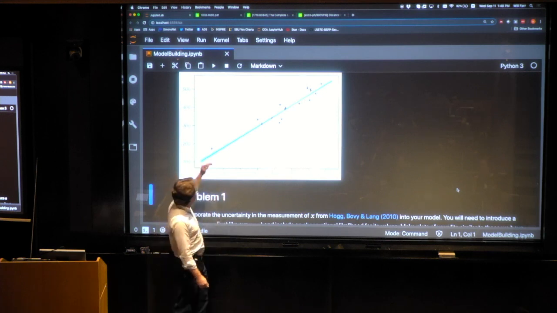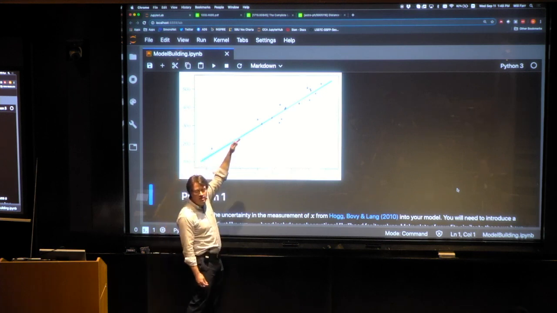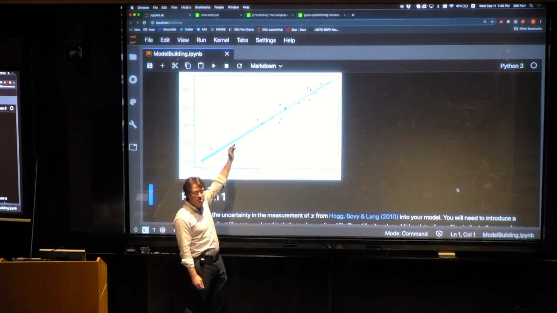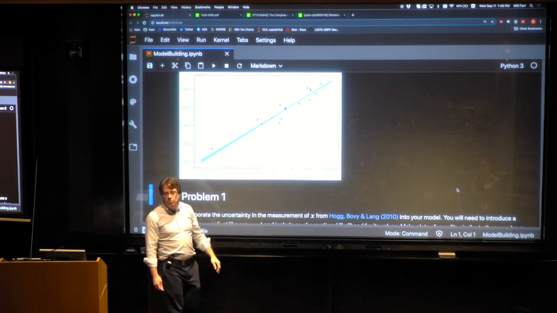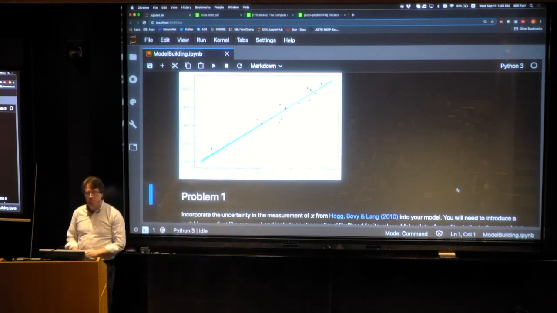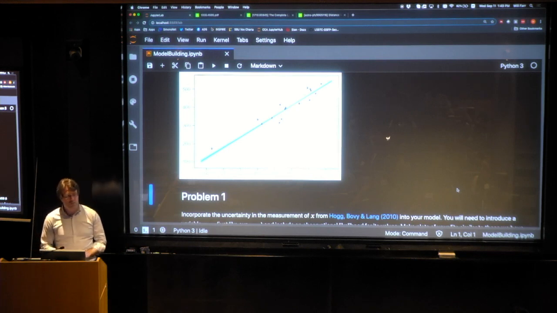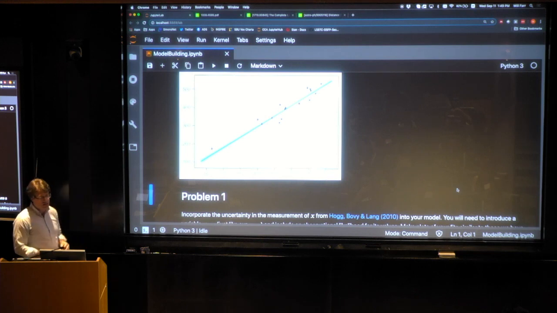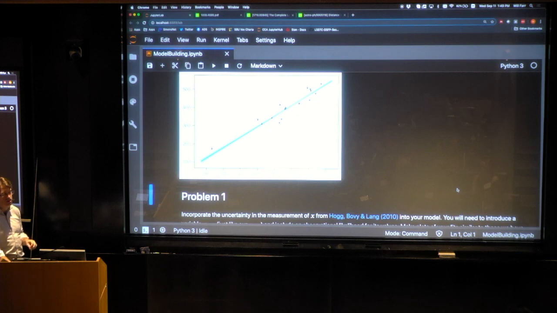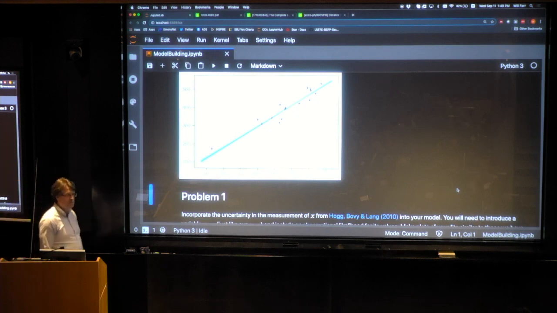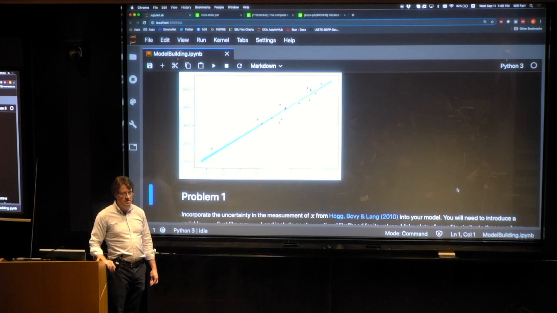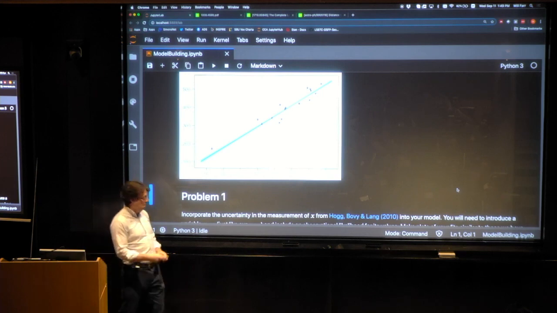The problem is the predictions have to live right on this line, and the observations clearly do not. So how do we fix that? Any ideas? Basically, just from the y equals mx plus b model, allow y not to be immediately constrained by m and b, but put a distribution on it.